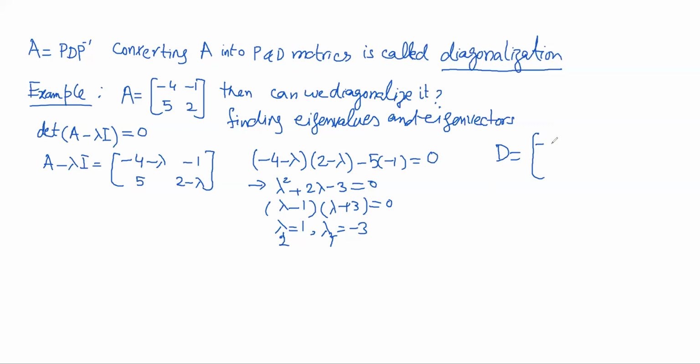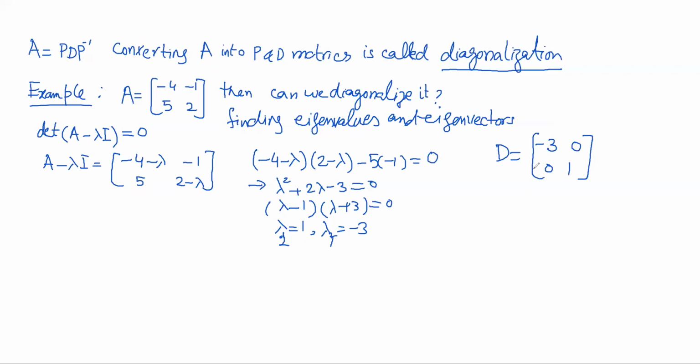It's not necessary, though. So the diagonal matrix will then be minus 3, 0, 0, 1. Minus 3 is one eigenvalue, 1 is the other eigenvalue. You can even write it like 1, 0, 0, minus 3. That is also correct. But of course, in that case, your eigenvectors will be arranged according to that.